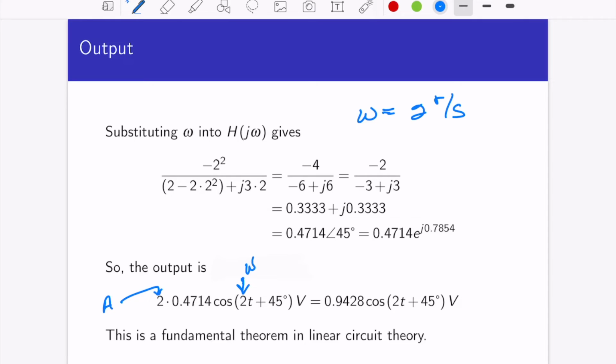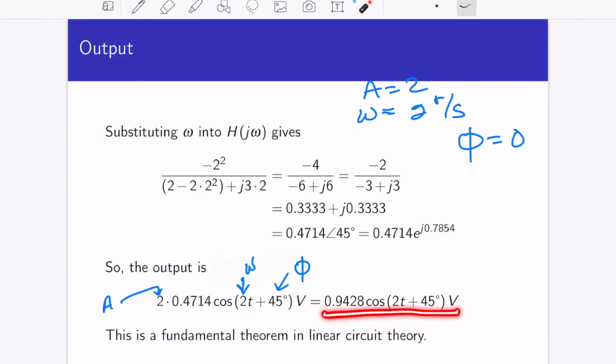Our previous phi, the phase angle of the input, was previously 0, right? For the original. And A was 2, just for your reference. Okay, so what we're going to do is we then add this angle, which is 45 degrees. Multiply it out, and you see that for this particular input that I told you, you have this exact output.